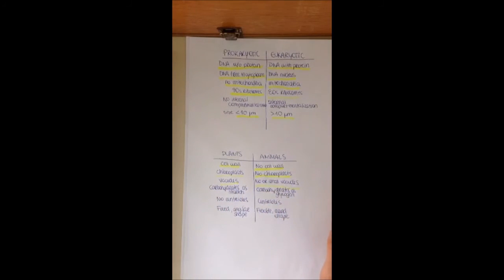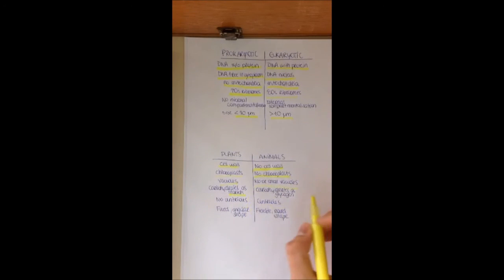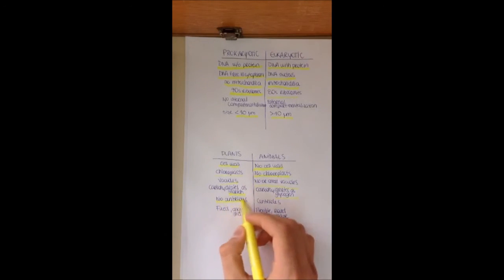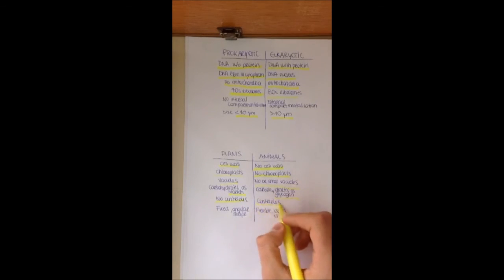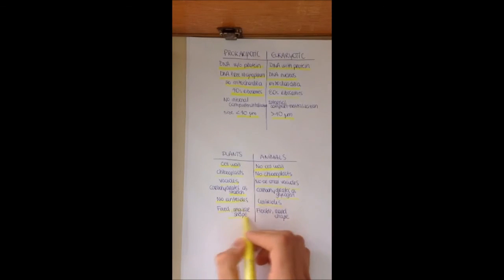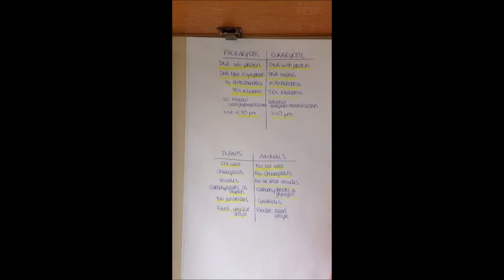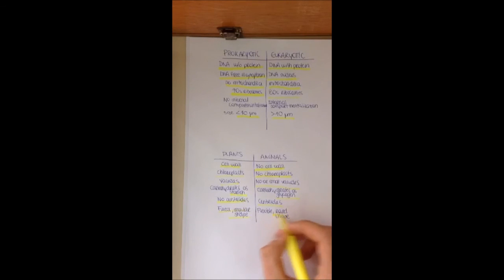Also, plant cells store energy in the form of carbohydrates as starch, while animal cells use glycogen. In addition, plant cells have no centrioles, while animal cells have centrioles. Finally, plant cells have a fixed angular shape because of the cell wall, while animal cells are more flexible and tend to have a round shape because they have no cell wall.